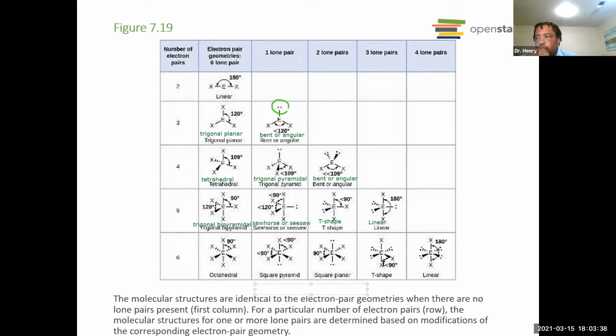So you're going to have an altered T. And then lastly, in the case where we have 6 attachments, 4 of them being lone pairs, the atoms are going to be as far away from each other as they can be, so they're going to form a linear structure. Okay. Questions? Concerns?